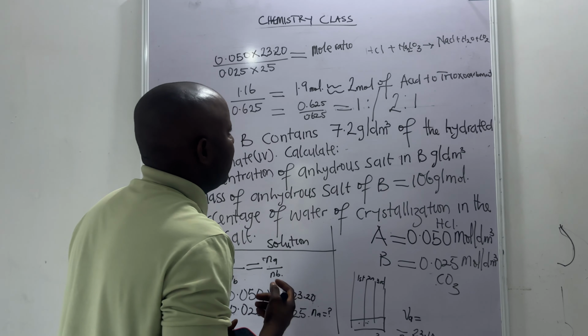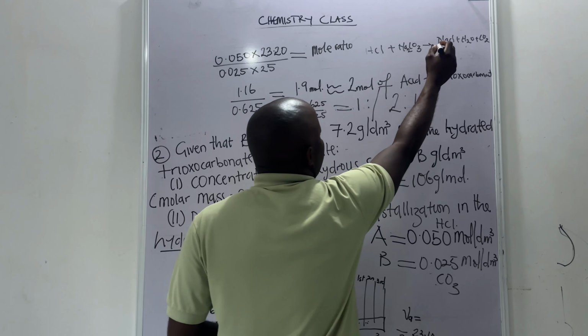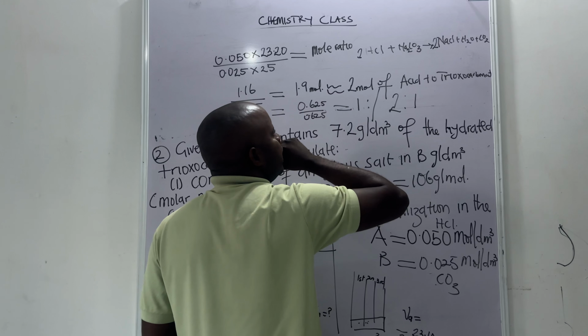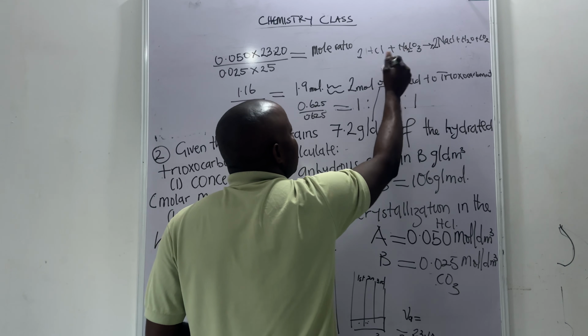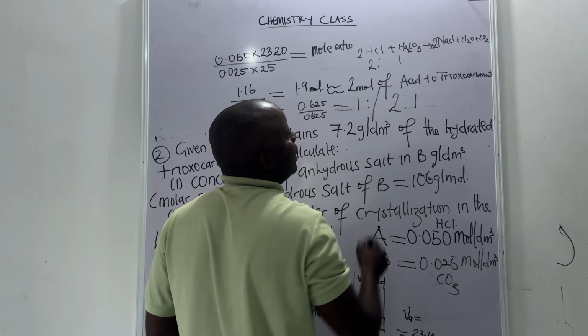In this now, we have sodium here. We should have chlorine here. We're going to have 2 mole of this. So 2 mole of this to this, from the equation, we can actually infer that it's 2:1.